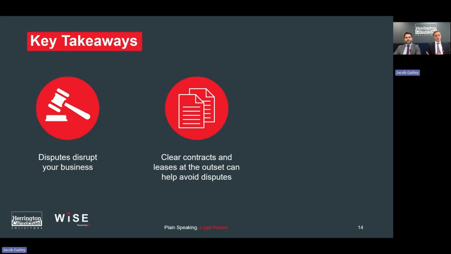And the messier and more difficult it is, the more expensive it is to resolve a dispute. If you've got everything in a contract and there is a dispute, either they'll never go to trial because everyone knows what the position is, or you'll have a short 1 to 2 day trial. If you've got a complete mess of a situation, you could have a 2-week trial, and the legal costs there can be very significant.